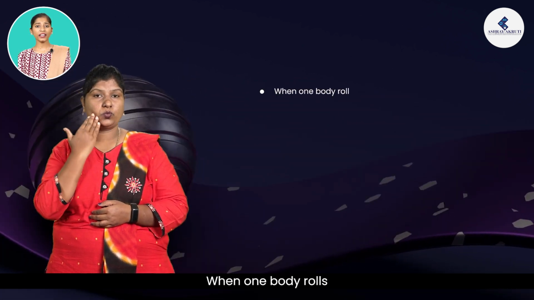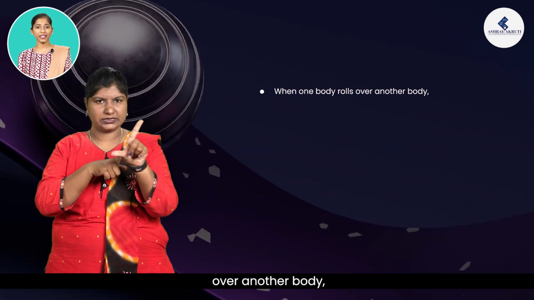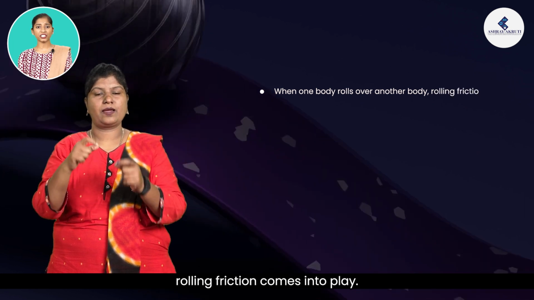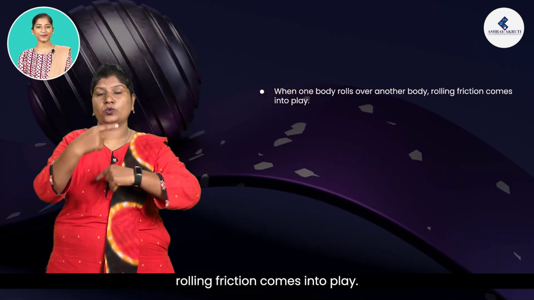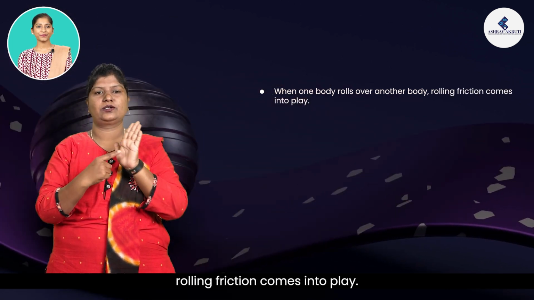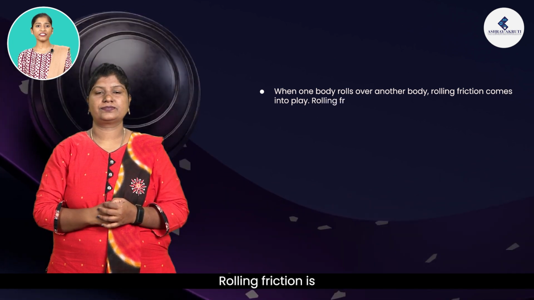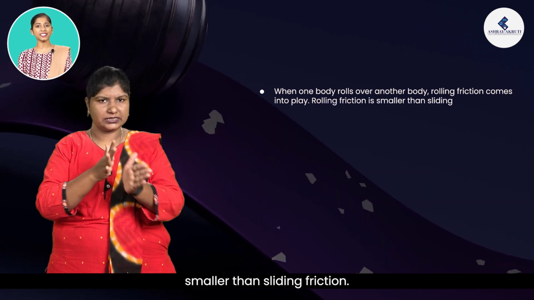When one body rolls over another body, rolling friction comes into play. Rolling friction is smaller than sliding friction.